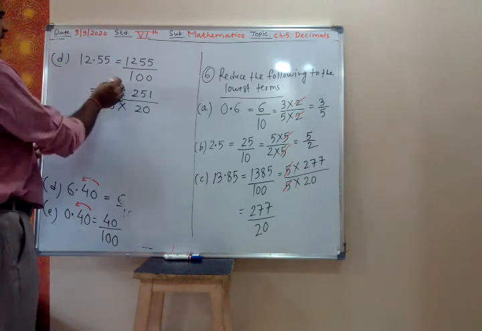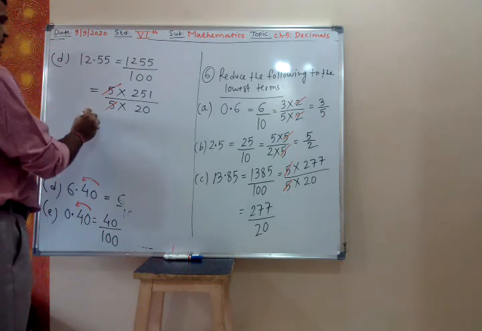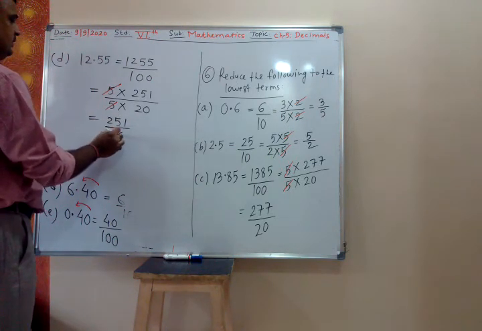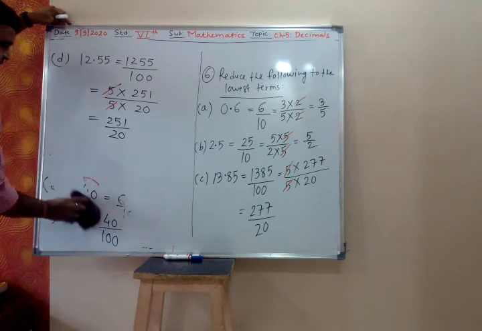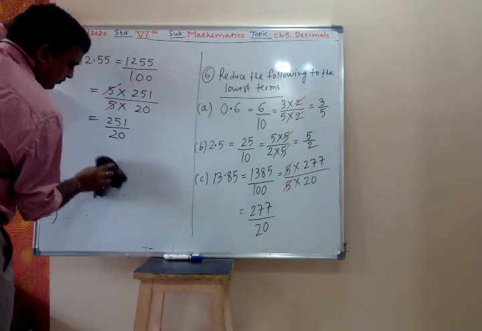So 5 gets cancelled. So this is 251 upon 20. This is the lowest term.